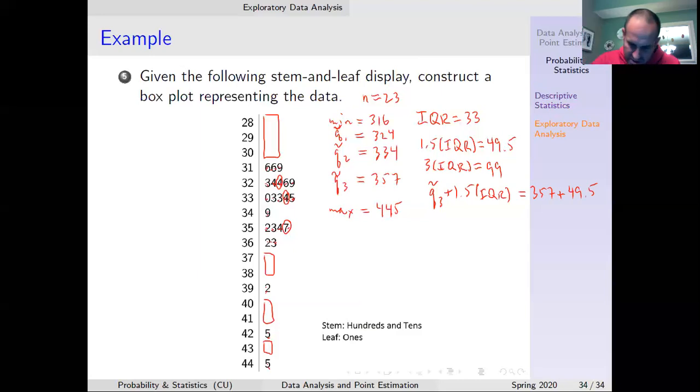So that's going to be 406.5. And what about Q3 tilde plus 3 IQRs? Well, that's going to be 357 plus 99, which is 456.